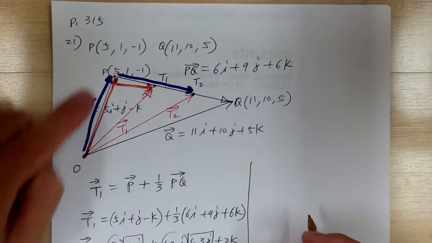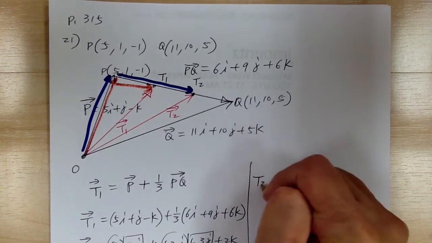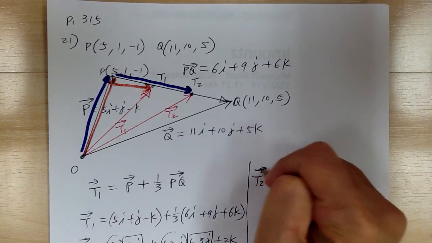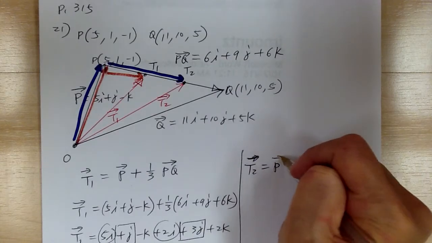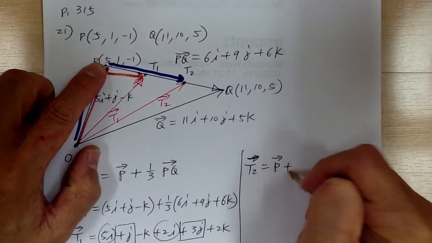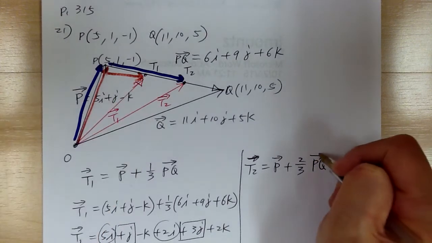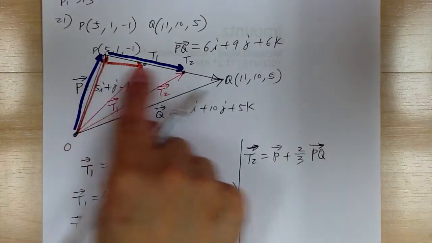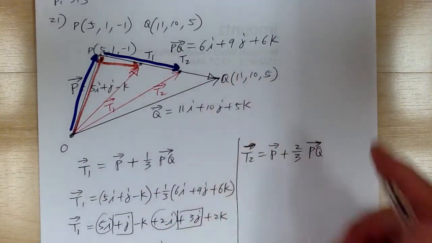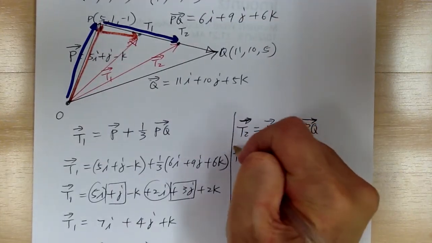Okay, so this is the blue one. So vector T2 is equal to vector P, so you have to go to P, then you have to plus 2/3 of the PQ. Right? So you have to go there and you have to go there, and this is 2/3 of the weight, right? So substitute everything in there.